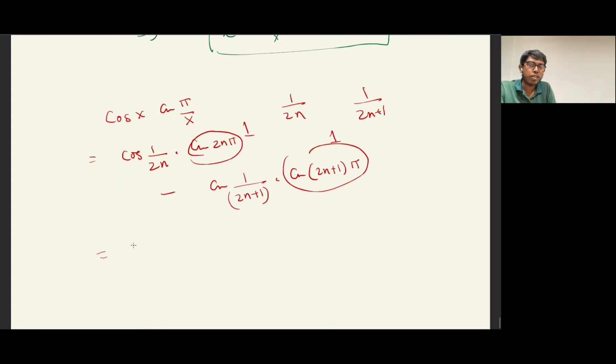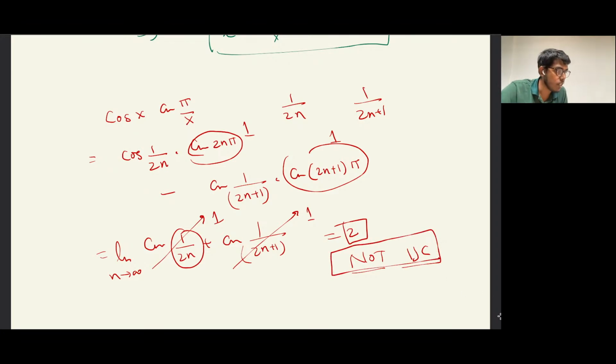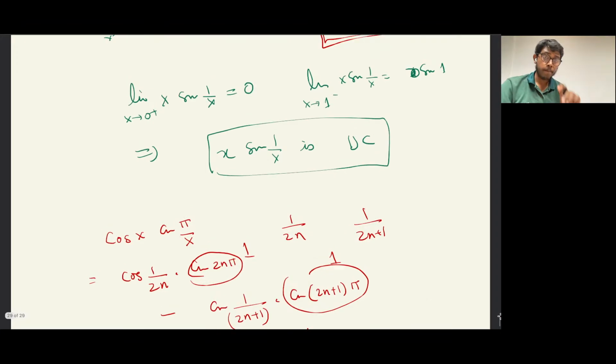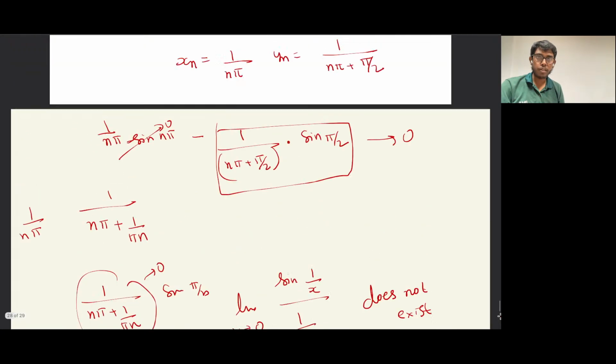So this equals cosine 1 by 2n plus cosine 1 by 2n plus 1. As n tends to infinity, the arguments go to 0, so each cosine goes to 1, and hence this goes to 2. Therefore this is not uniformly continuous. Okay, it is clear, Sariha, that this is not uniformly continuous. Yeah, thank you. So x sine 1 by x is uniformly continuous.